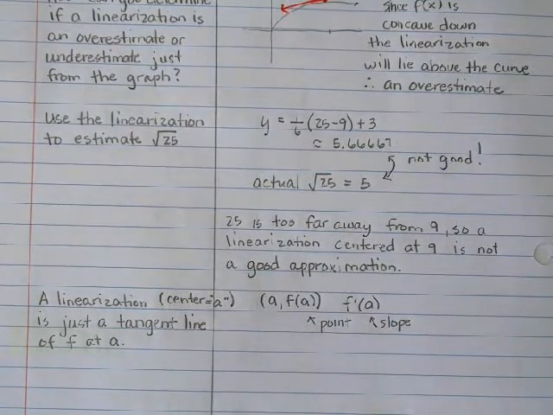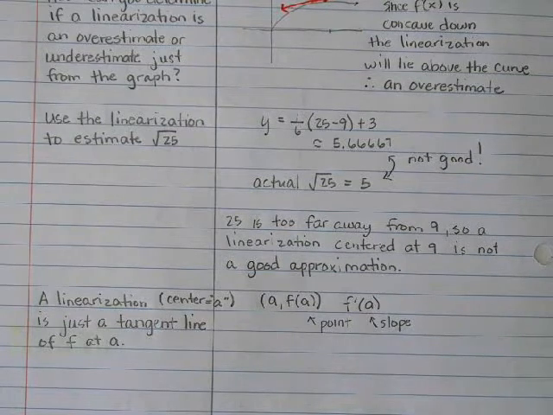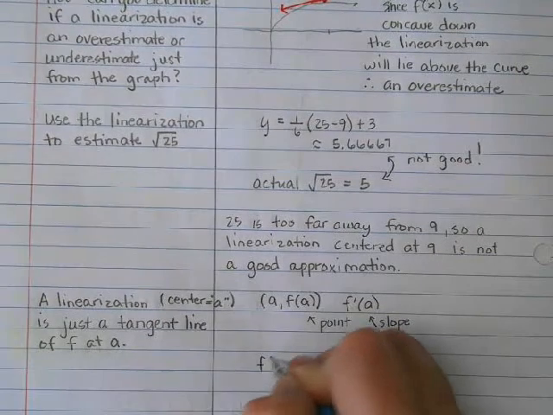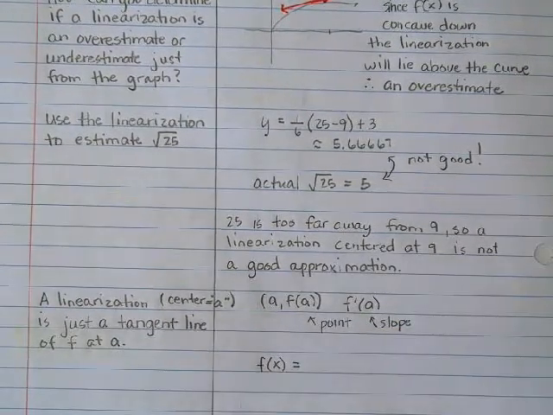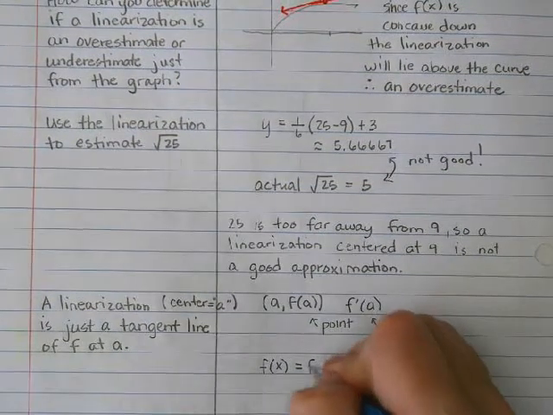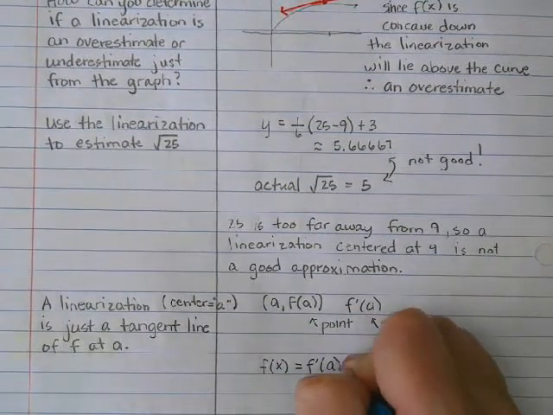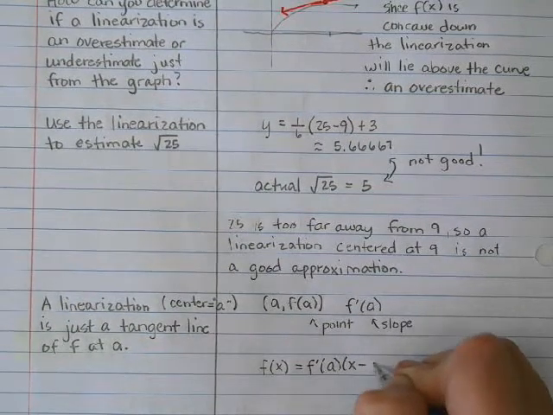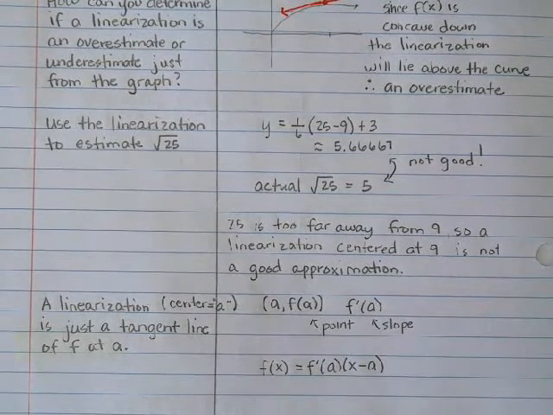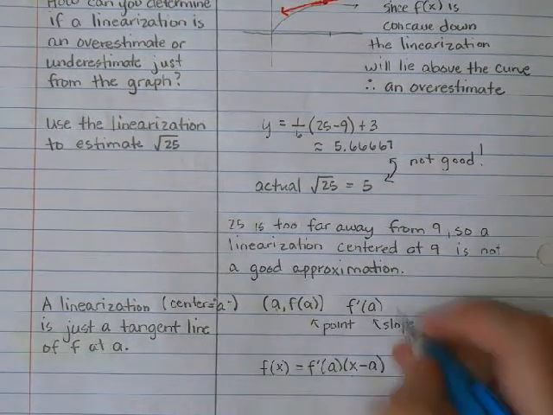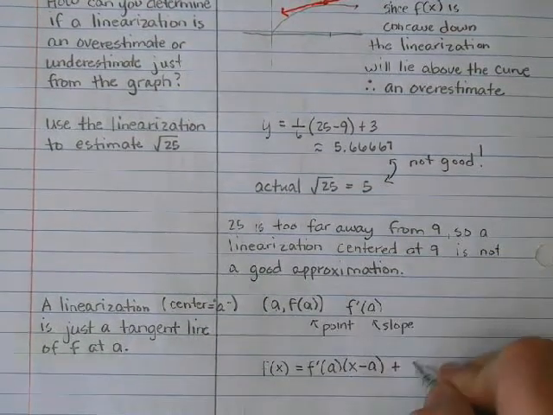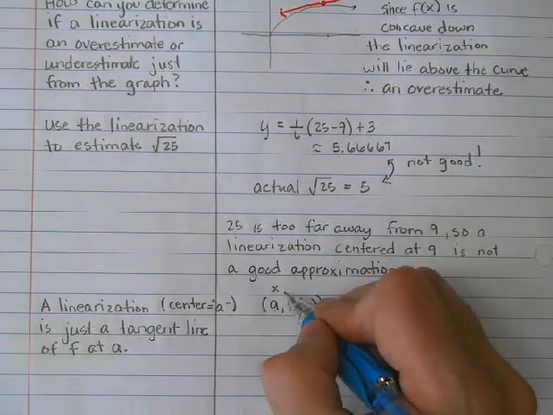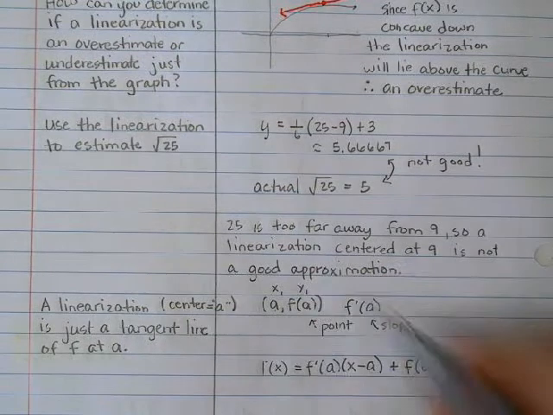And I'm going to plug it into the point slope formula. I'm going to do the new one where we put y1 over on the side. Instead of writing y, I'm going to write f of x equals, we said the slope, which is f prime of A, times x minus A, because there's our point, plus f of A. Because remember, this is x1, y1.